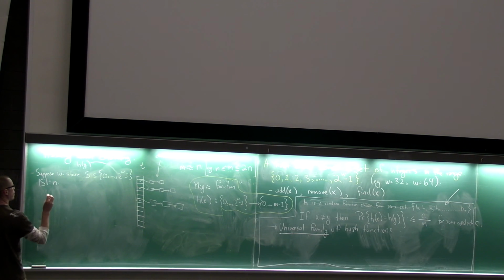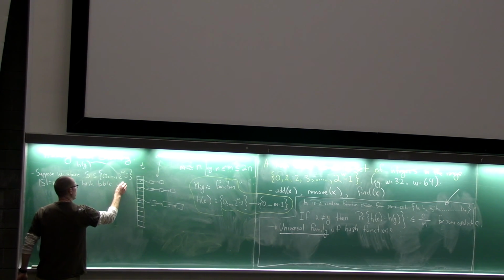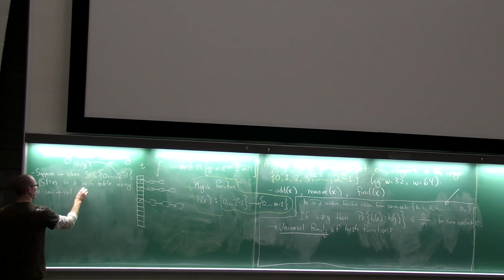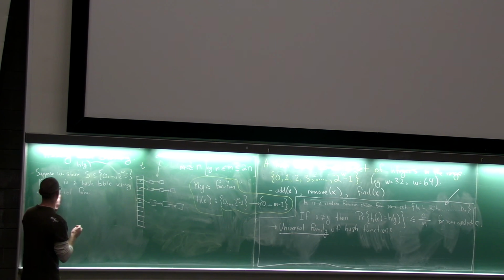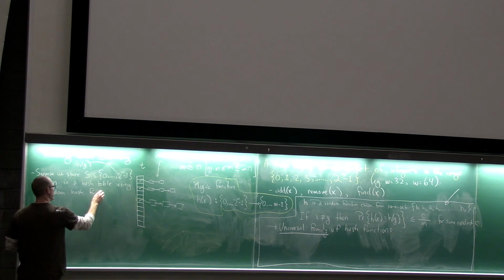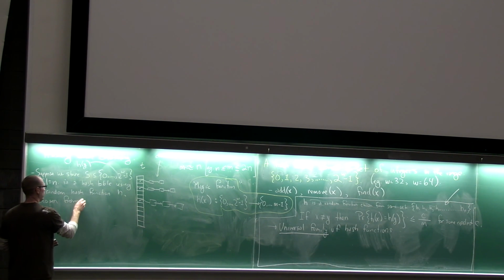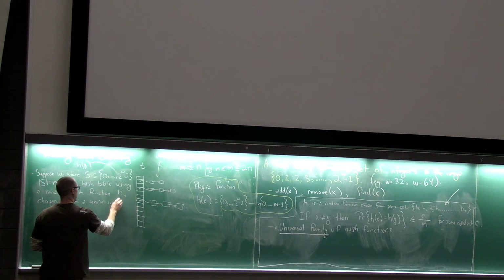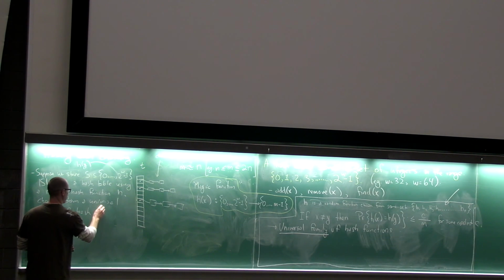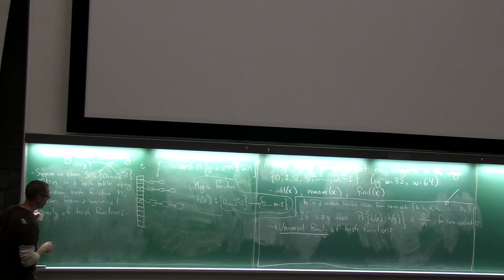There's n of them in a hash table, using a random hash function h chosen from a universal family of hash functions. Okay, so that's the setup.